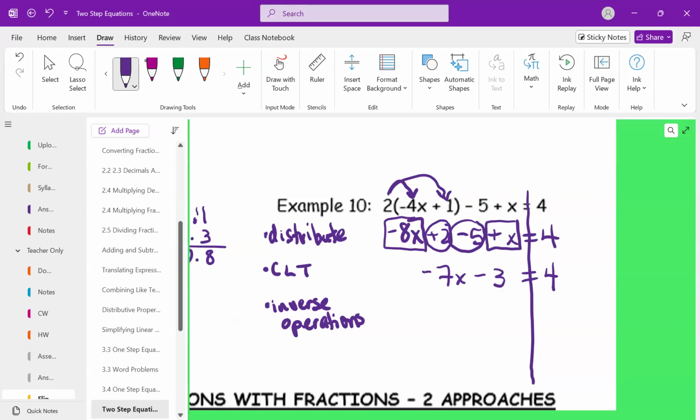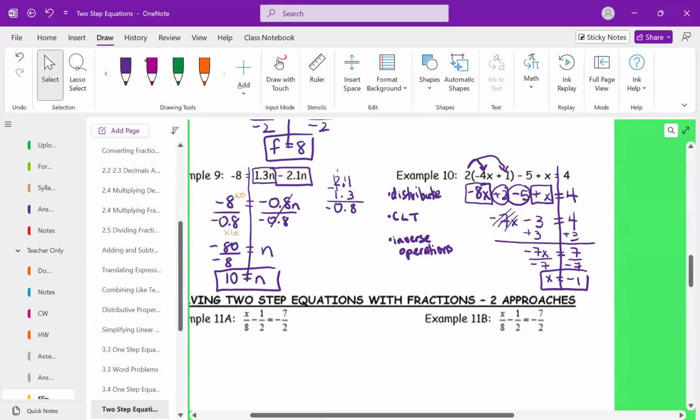And now we're back to it being a two-step equation. So distribute, combine like terms, and then cover up the variable term, use inverse operations to remove the constant, and balance the equation. Bring down the variable term down to a one-step equation, divide by that coefficient, and x equals -1.